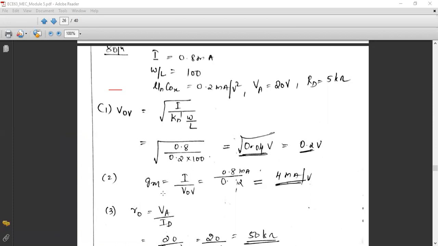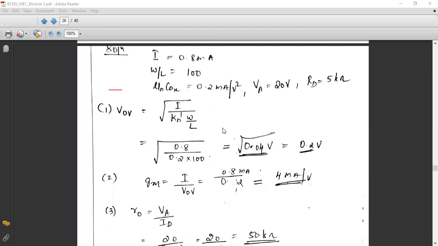The conventional equation is 2ID by VOV for any amplifier, like a CS amplifier. Of course, you can use that, but in that case, you need to go for 2 into half of the current, that is 0.4. I hope you are getting the difference between 2ID by VOV and I by VOV. Any confusions regarding this?